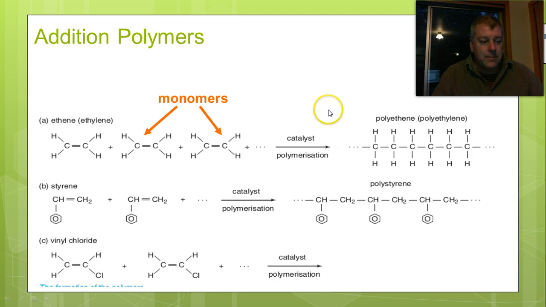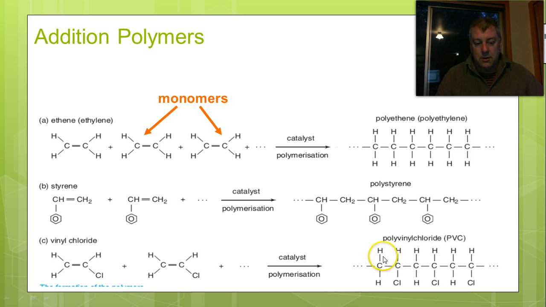So let's move on. So here we have vinyl chloride. So it's an ethene, but it's got a chlorine on it. So that could be a chloroethene if it was its full name. These are the monomers, and you've got plus, and so it's going to form this.